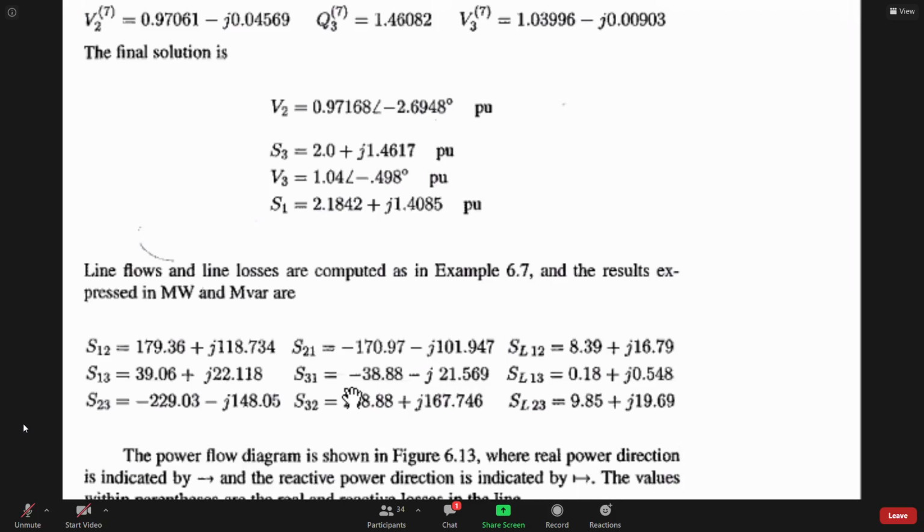So try to draw that based on this given information. Complete the power flow diagram on your paper. The result is already in your hand. Try to practice the power flow diagram so that you have the idea clear.